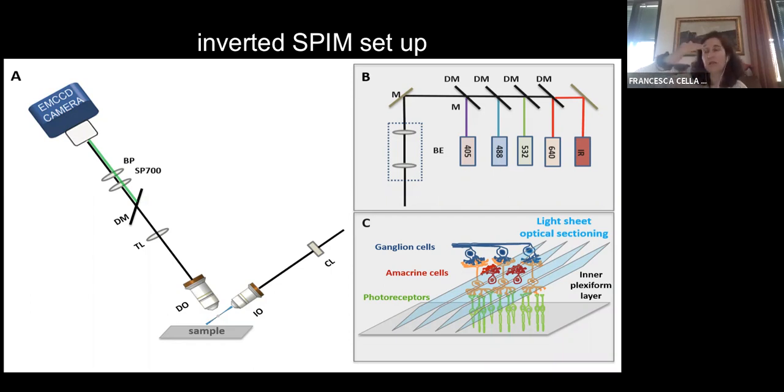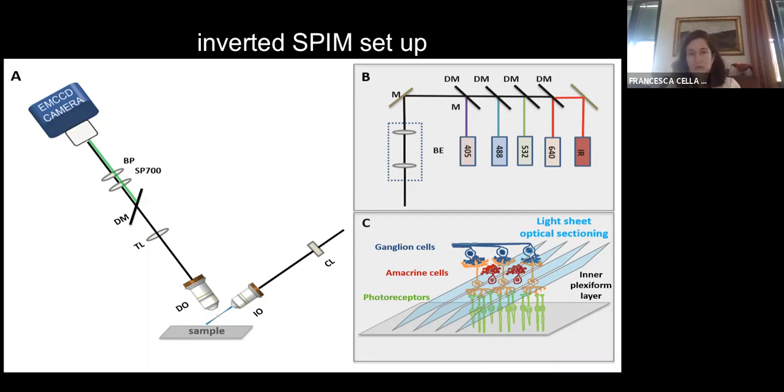So if we think about the mouse retina, we have different layers like the ganglion cell layer, the amacrine layer, and the photoreceptor layer. And the key point is that we need to use the inverted configuration, because if we try to hold the retina within the capillary or within the water chamber, we will lose morphology. So it will be hard to identify the three layers, and we will lose completely the shape and the morphology of the sample.